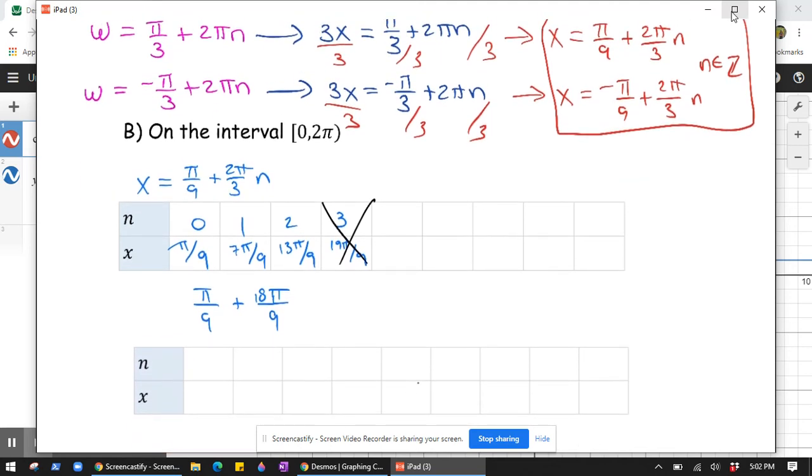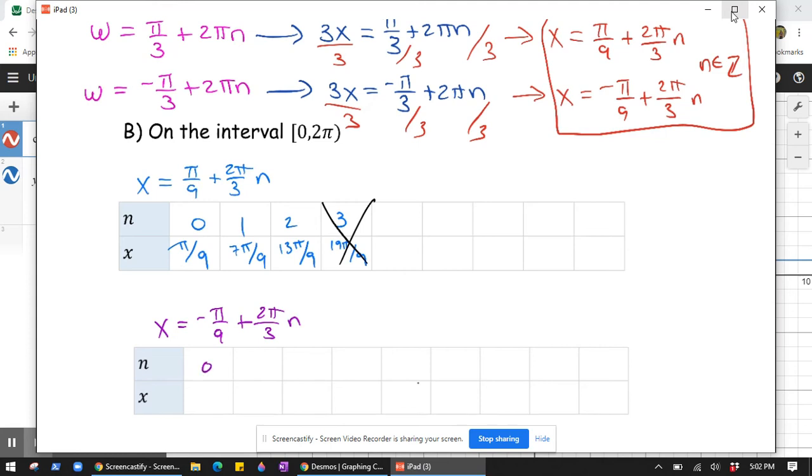Let's now do the family that comes from here. I'm going to erase that. Let's do the other family: x equals negative pi over 9 plus multiples of 2 pi over 3. Again, let's start with 0.